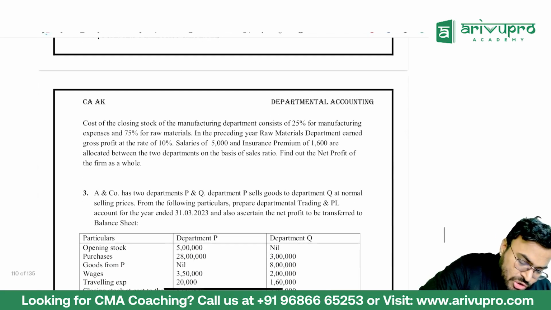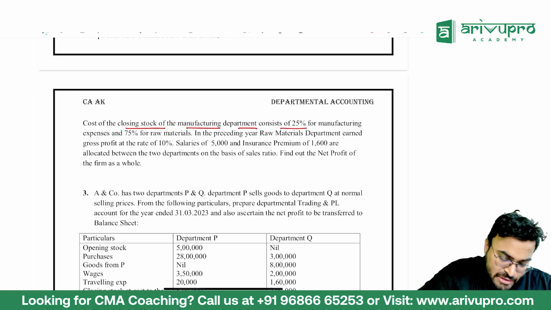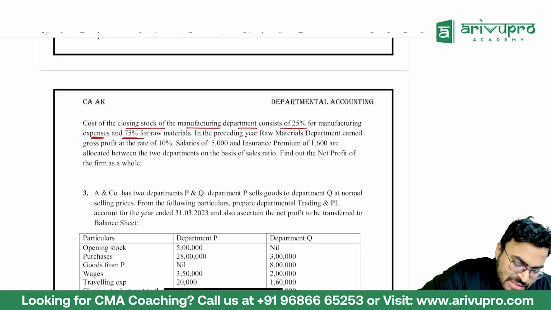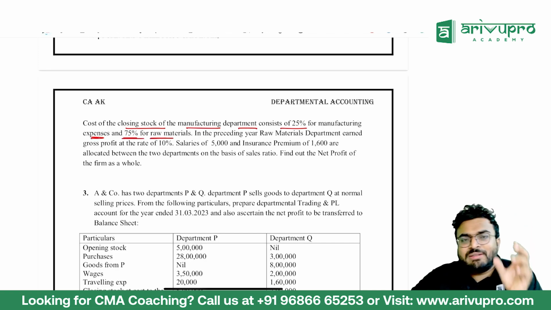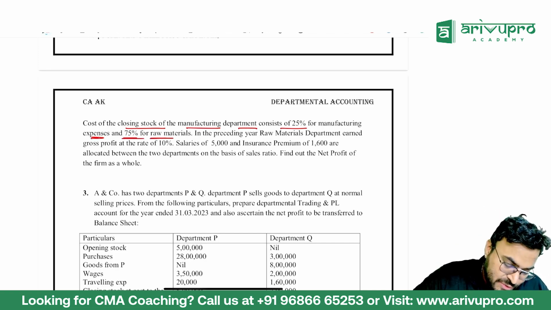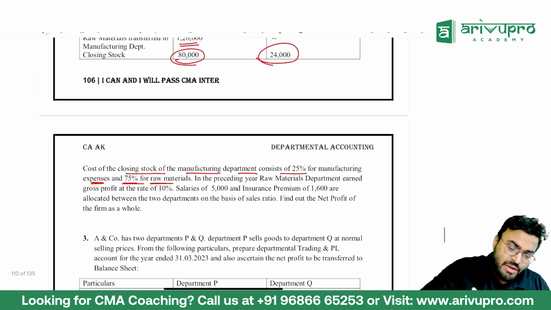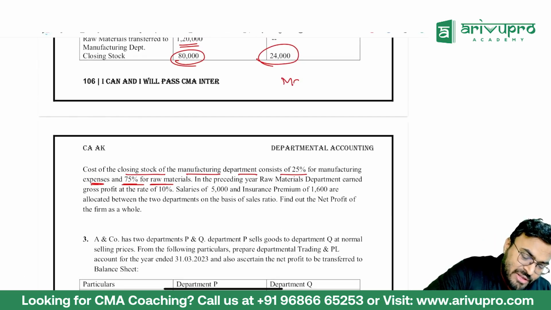Now, cost of closing stock of the manufacturing department consists of 25% of manufacturing expense and 75% of raw material. They are telling that 75% came from raw material, 25% is their own expenses.